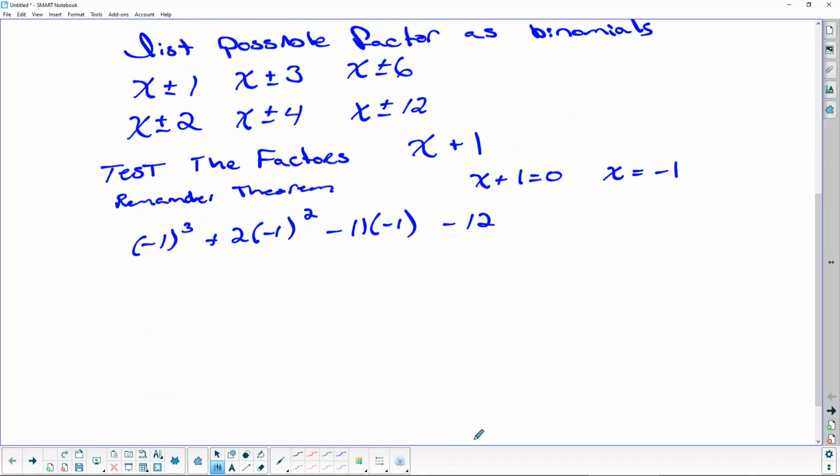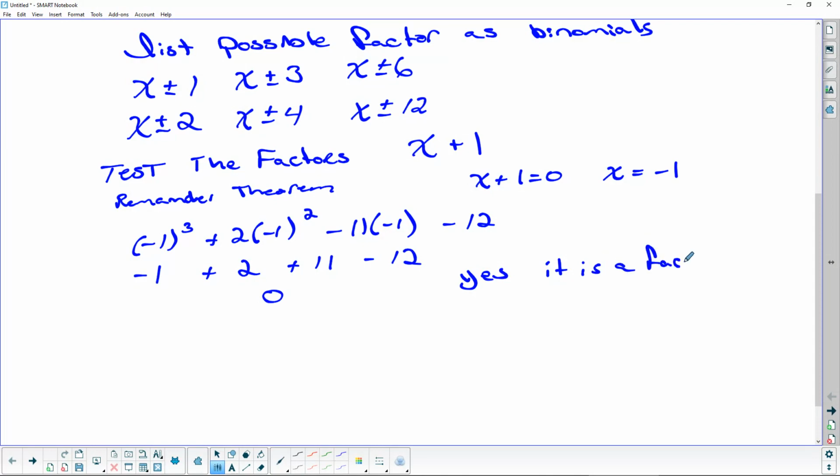So we get negative 1 plus 2. Negative 1 times negative 1 is 1, times 2, plus 11 minus 12. That would be 0. Yes, it is a factor.